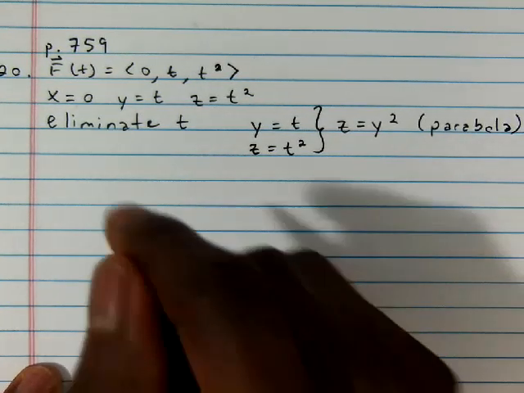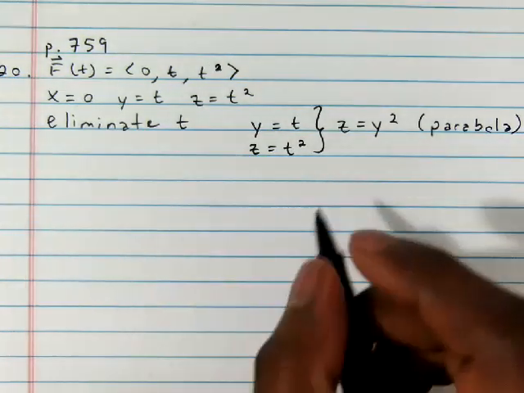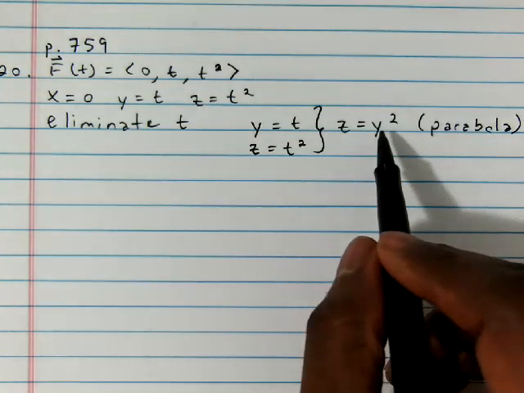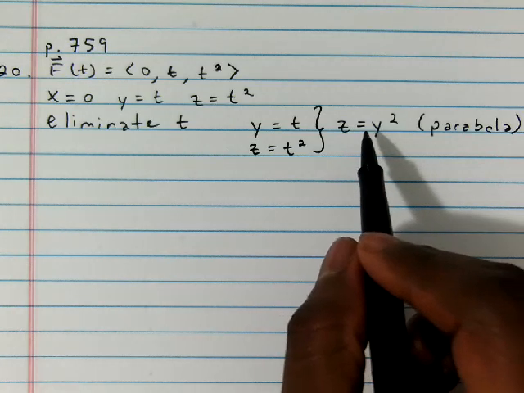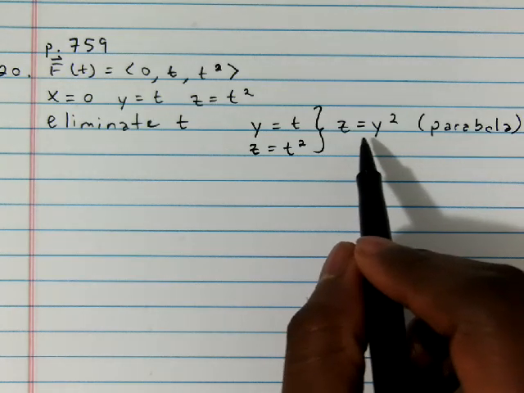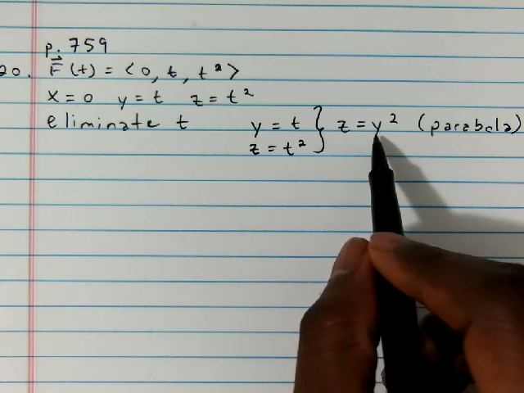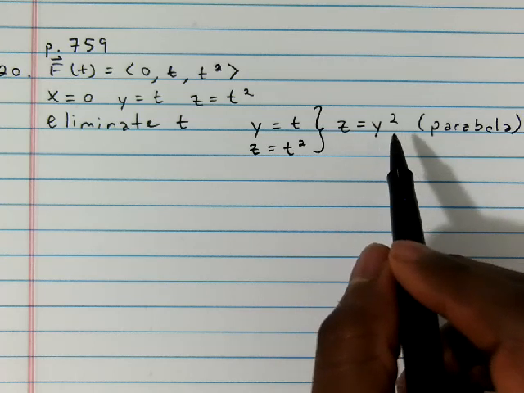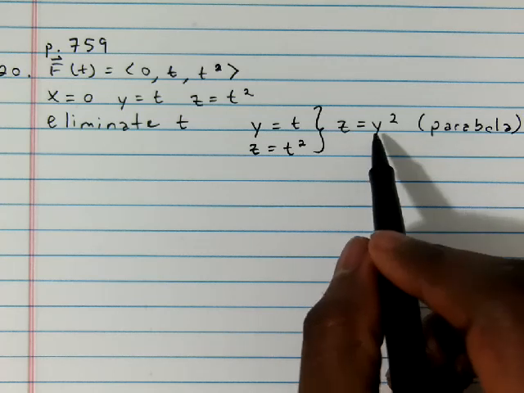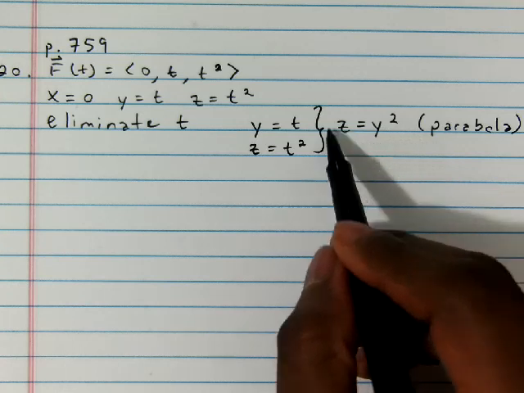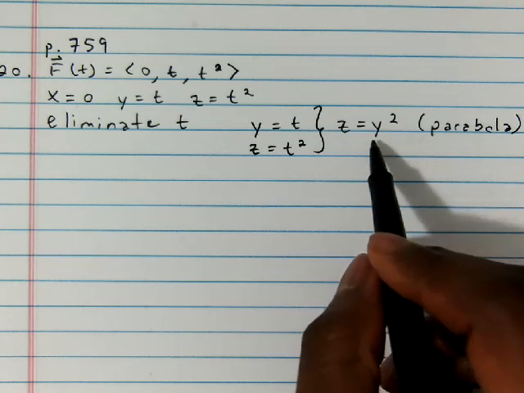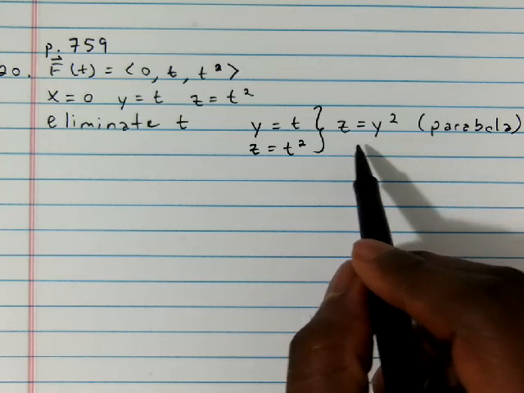Now, what plane are we in? Normally if it were in terms of x and y and it was a parabola, we would be in the xy plane, but given it's in terms of z and y, that says we're in the zy plane. This goes back to something I told you about in chapter 11: when you don't see an x appear at all, x is a free variable and takes on every value.